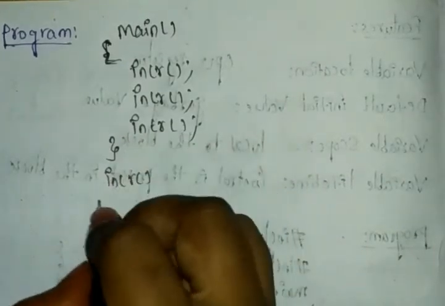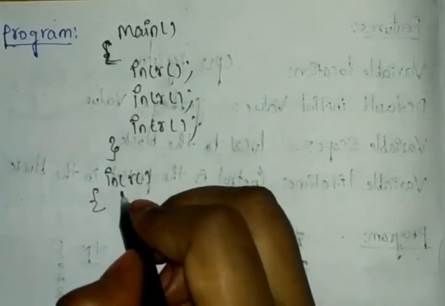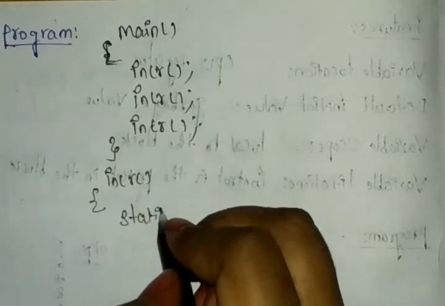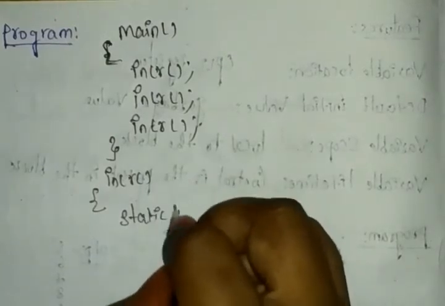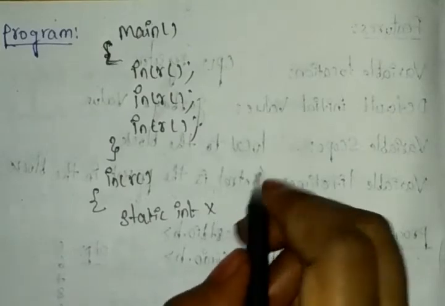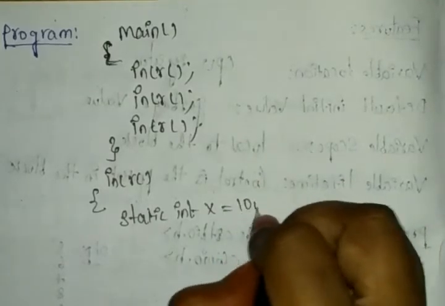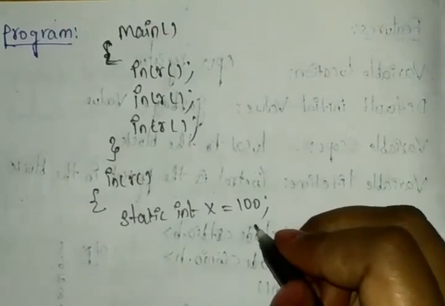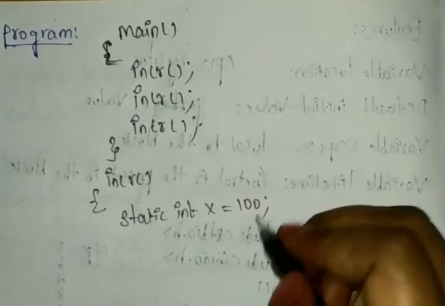In this increment function I am using the static keyword. The static keyword will have the data type and the variable. The x variable will have the value 100. Whatever value you need you can choose, there is no problem. Here I'm choosing the value 100.